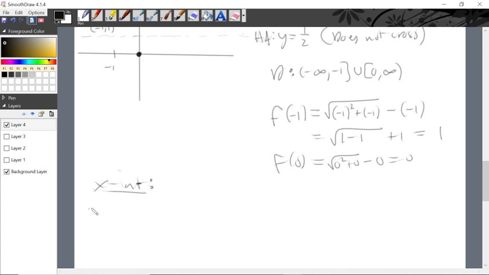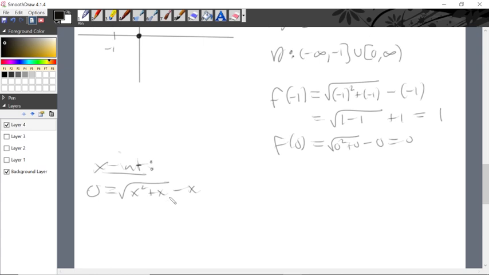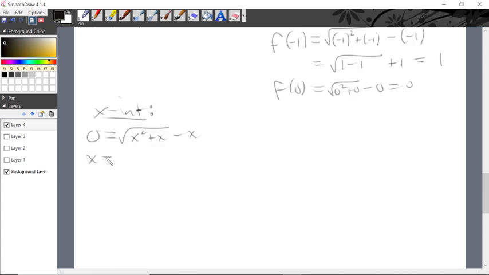So we would set the function equal to 0, so 0 equals the function, and try to solve for x. x equals the square root of x squared plus x. Square both sides, we get x squared equals x squared plus x. Subtracting x squared from both sides, 0 equals x. That's the only x-intercept. It's the same as the y-intercept.